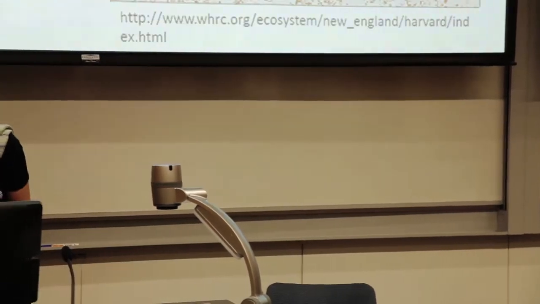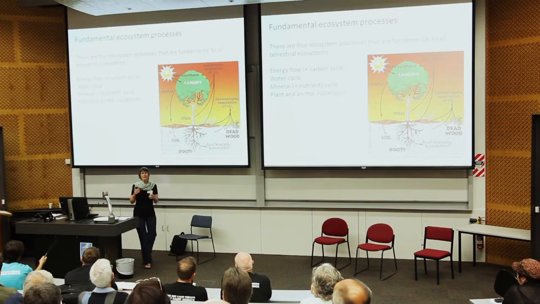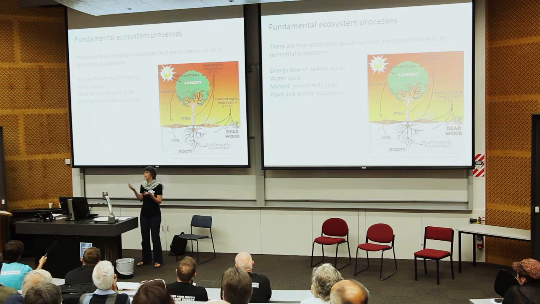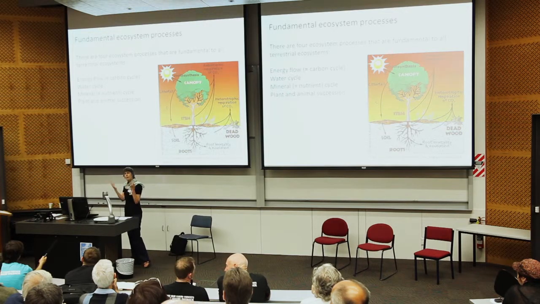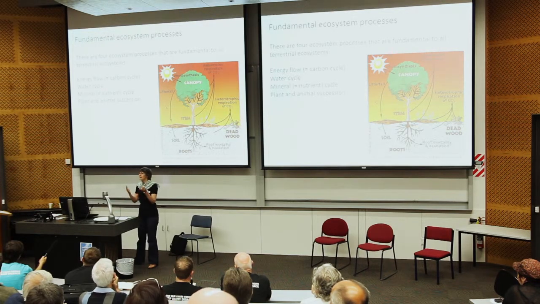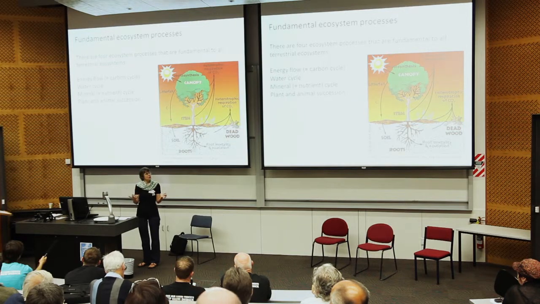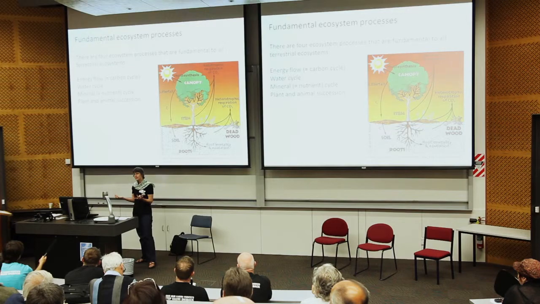And just to bring us back a little bit, when we're talking about these processes or functions, what are we actually referring to? It's all about the interactions between the living aspects, like the Kauri trees and the understory, and its abiotic factors. And what are the processes within these systems?